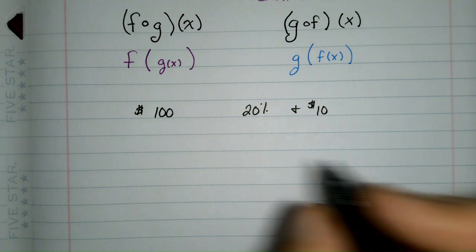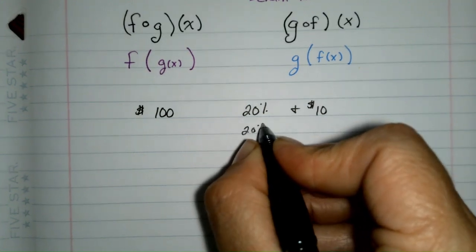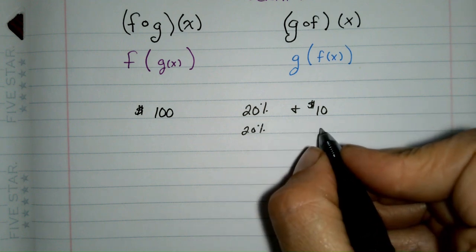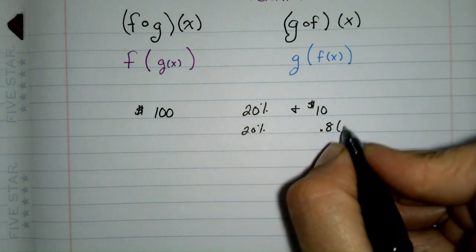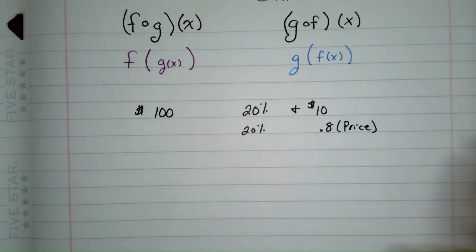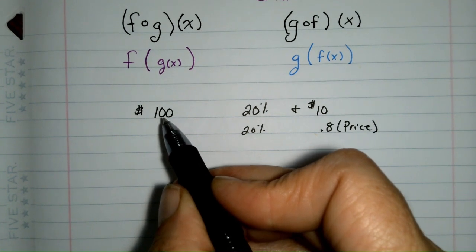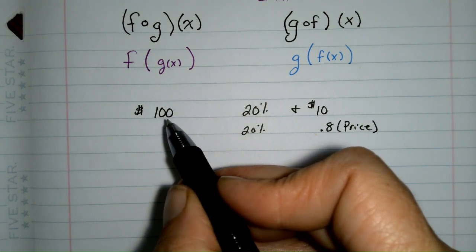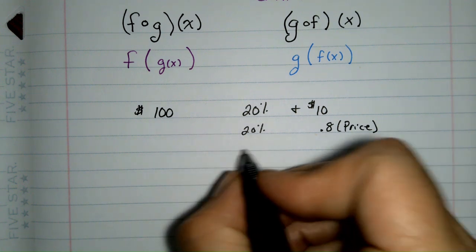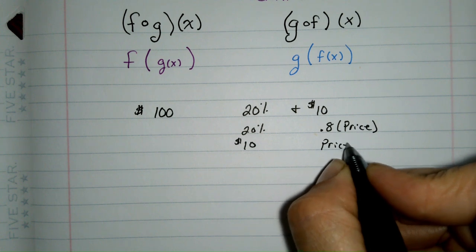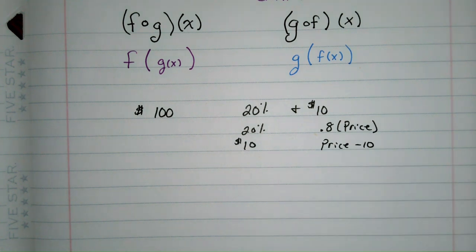Okay, so remember 20% off, you do 20% of the number and then you subtract, or it's like doing 0.8 times the price. And you can think about that: 20% of 100 is 20, take off $20, you're at 80. 0.8 times 100 is also 80. And then $10 off is just the price minus $10.